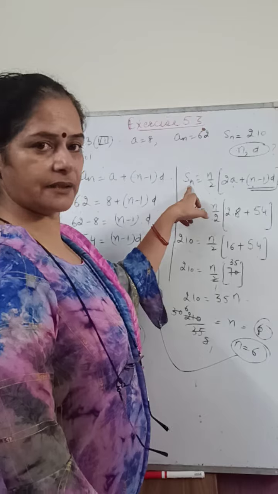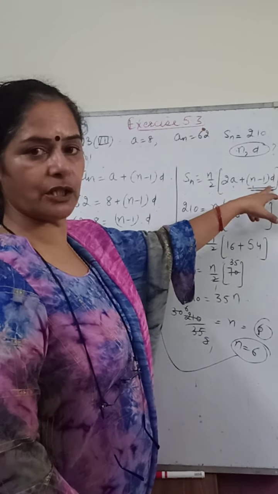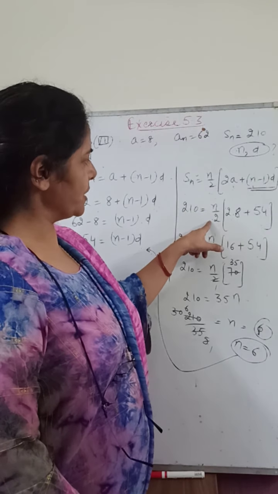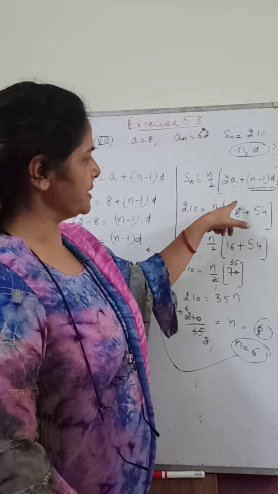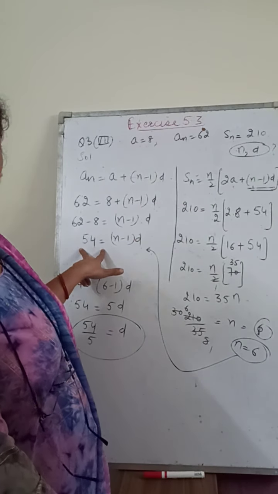Come to this side. Sn is equal to n by 2, 2a plus n minus 1 into d. Sn is 210 is equal to n by 2, 2 into a, 8, plus here n minus 1 into d is 54.